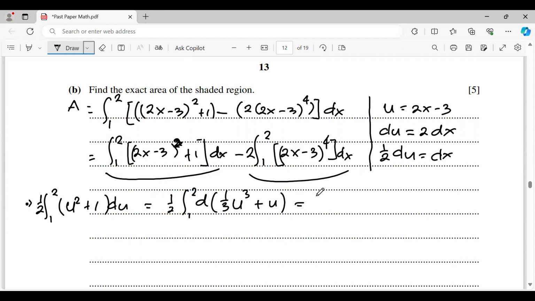So it is half times (1/3 (2x minus 3) cubed plus (2x minus 3)).